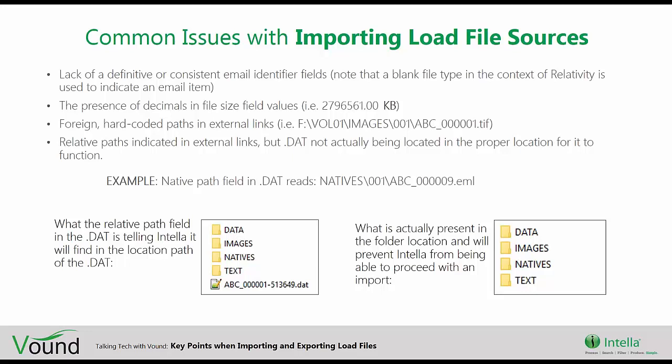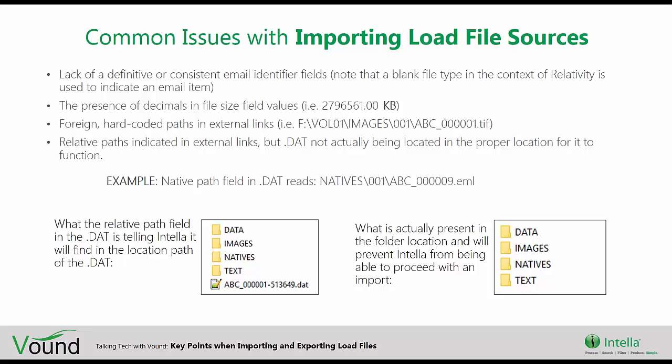So essentially a blank field means email. Well, Intella doesn't necessarily like that. Intella is looking for something else. So there may be a time where you have to edit the load file that you've received, which is technically perfect for Relativity. That's not going to work in Intella unless you tell Intella what field to use to identify it as email.